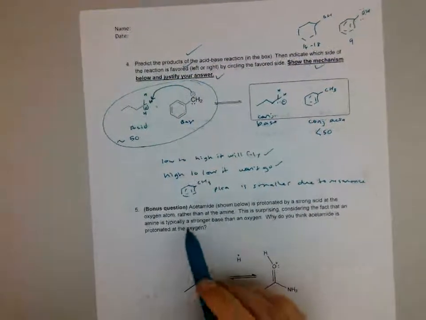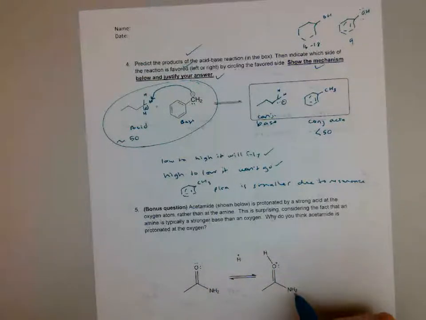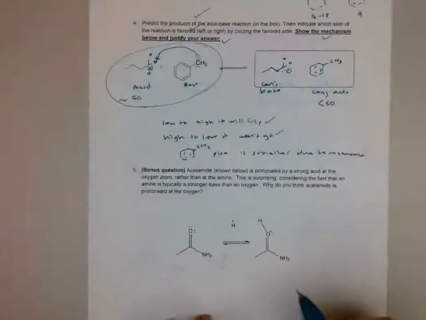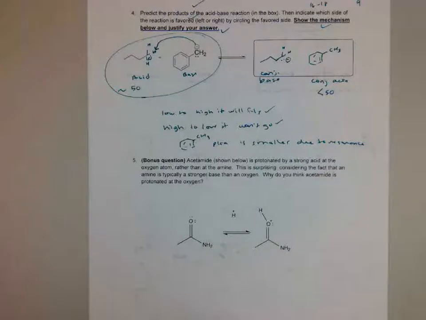Okay, finally, this question states that acetamide is typically protonated here on the oxygen, not at the amine, which is surprising because usually an amine is a better base than a ketone. However, in this case, that's not true.